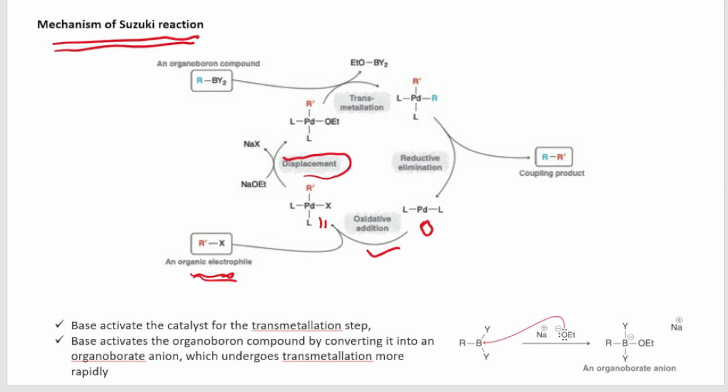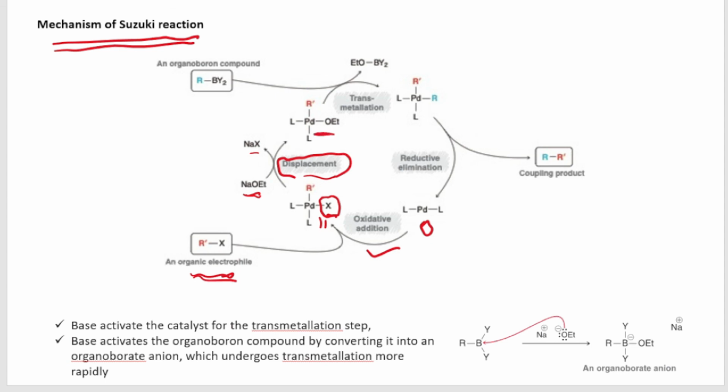So here comes the role of base. Your base will displace this halide part. So sodium ethoxide will react with this and displace this halogen. You will get sodium chloride, sodium bromide, and your OEt will now get attached to this palladium.